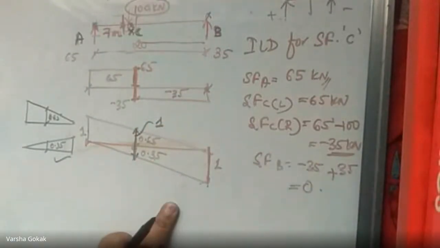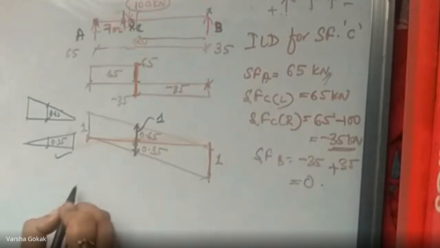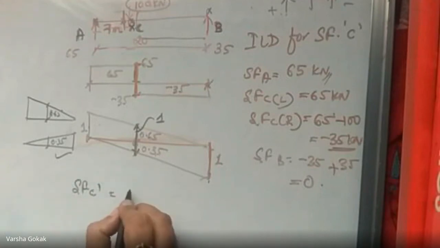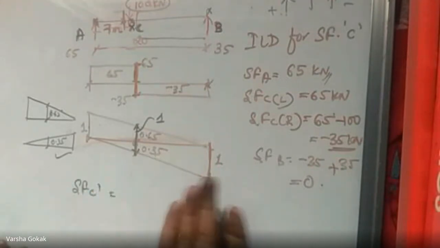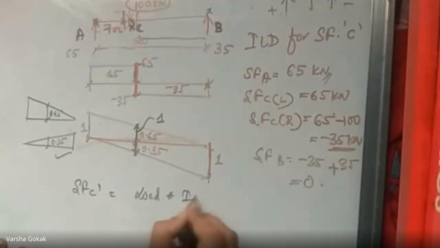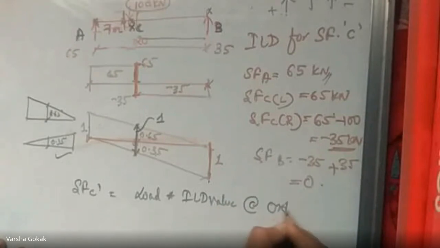So this is the diagram for shear force at C, which I have to calculate. Now, when I calculate shear force at C theoretically, what is the formula? Like how I did the formula for RA, it is nothing but your load into the ILD value at the ordinate. This is your formula. So let us calculate.